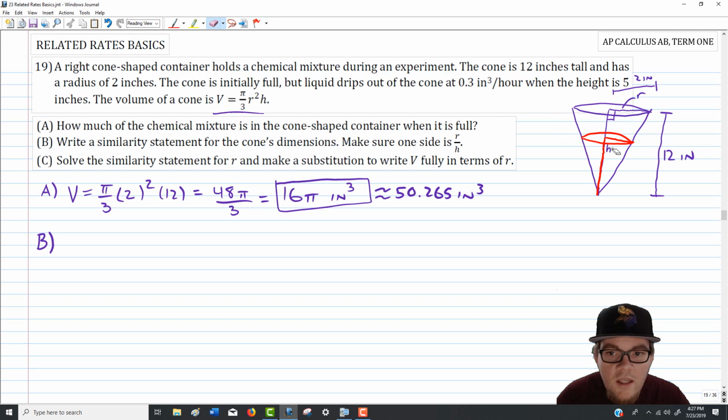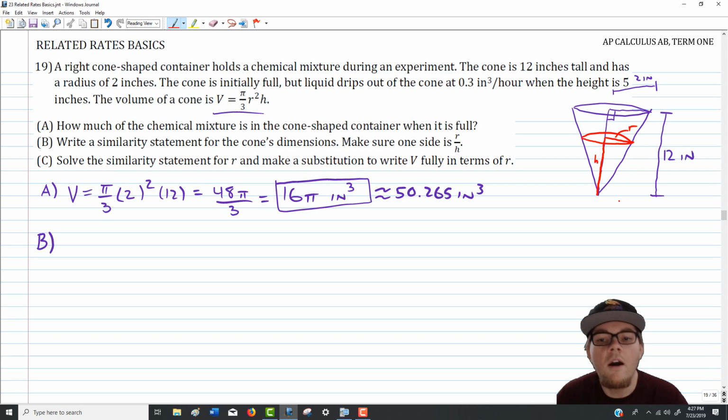So typically what you'll see is an expression like this set up. They won't mark those as r and h, and I definitely wouldn't. Instead, they'll mark this little distance we just created as h and r. That way we can think about the red cone as constantly changing its dimensions. But the nice thing is, this cone is totally proportional to the original purple cone.